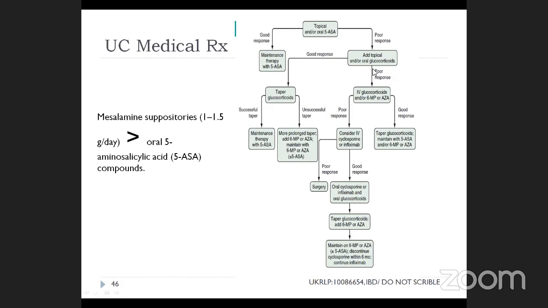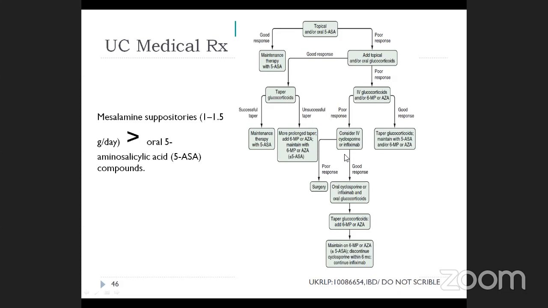When there's a poor response to glucocorticoids at the first instance, before tapering the glucocorticoids, start the patient on 6-mercaptopurine or azathioprine. If the patient is not responding to 6-mercaptopurine or azathioprine, consider IV cyclosporine or infliximab or targeted therapy.